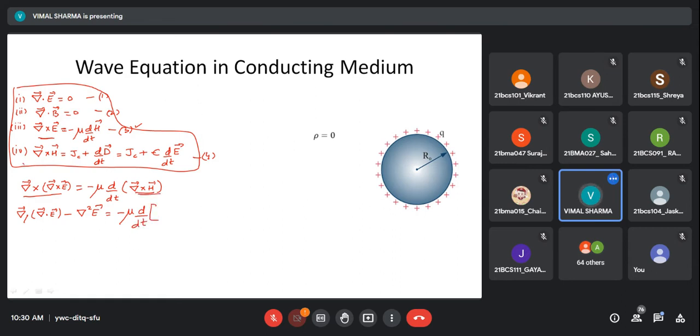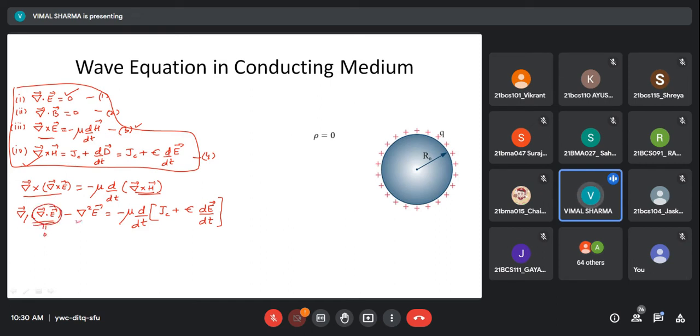I can replace this using Maxwell's equation number 4. Curl of H is the sum of conduction current density plus displacement current density, which can be written as epsilon times d by dt of E. And also use Maxwell's equation number 1 to see that the divergence term is equal to 0.